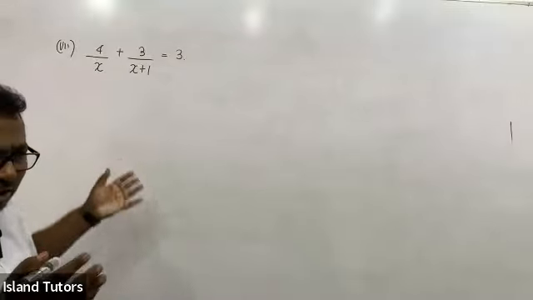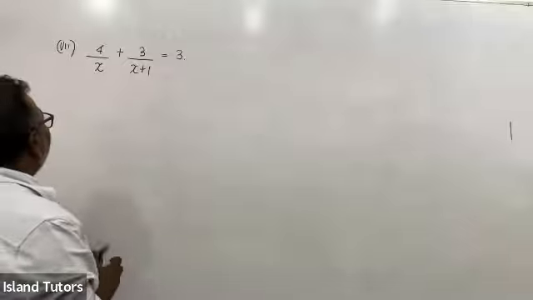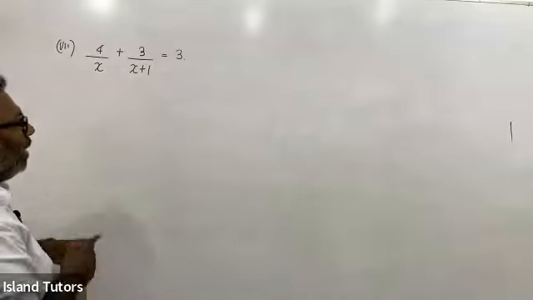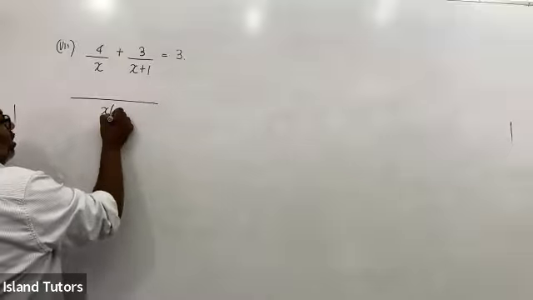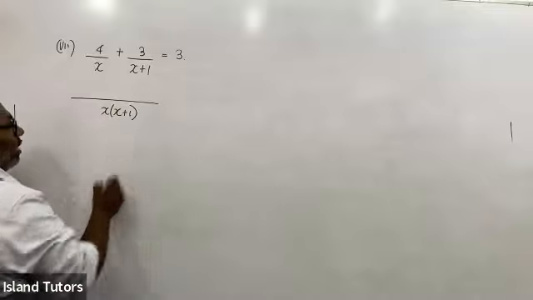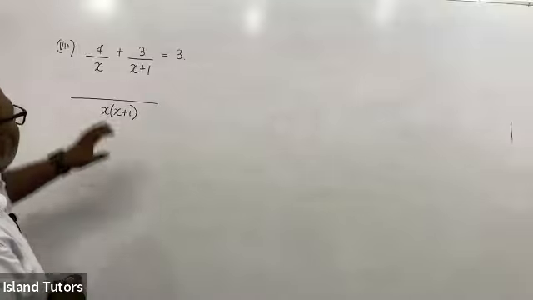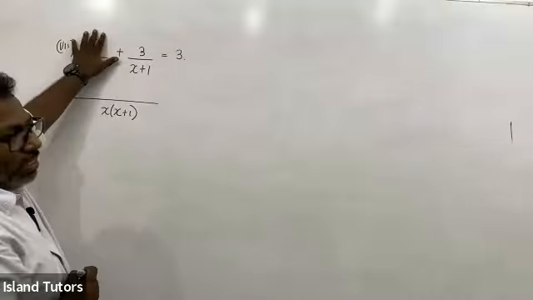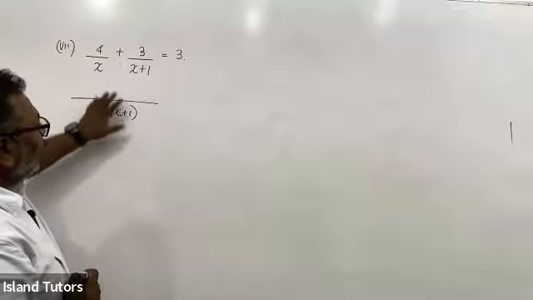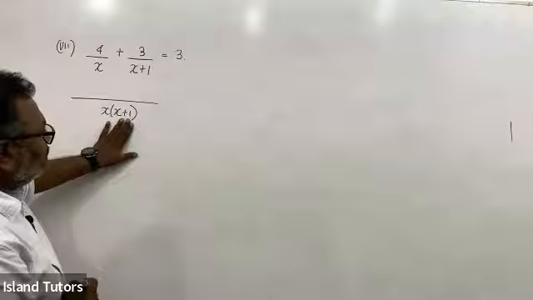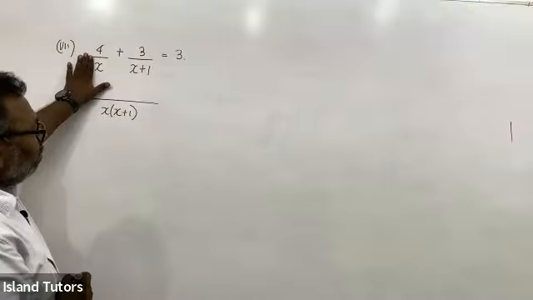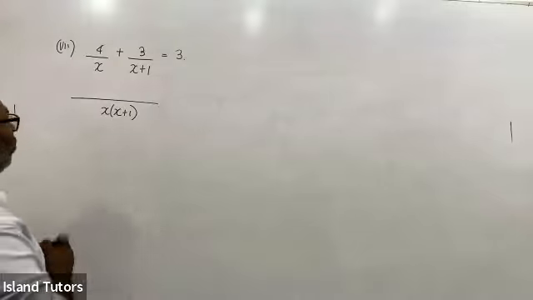You have to have your two denominators the same. So for x and x plus 1, we can take x into x plus 1 as your common denominator. This side of your fraction, that is 4 over x, already x is there, so you need to multiply by x plus 1.